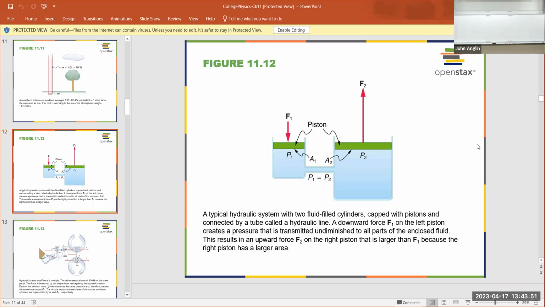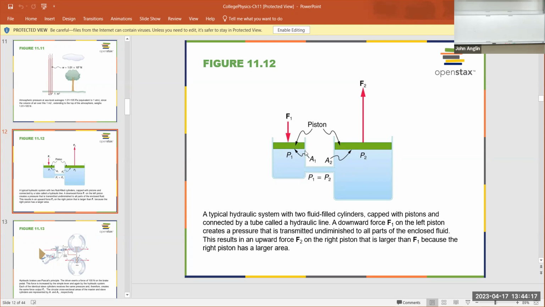We have a couple of pistons, piston 1 and piston 2. We apply some force on piston 1. Notice we apply that force down. Now, below this piston is some fluid. I don't know if it's water, or hydraulic fluid, or grape jelly. It doesn't really matter. And they're connected.